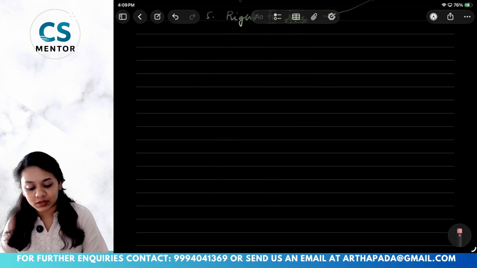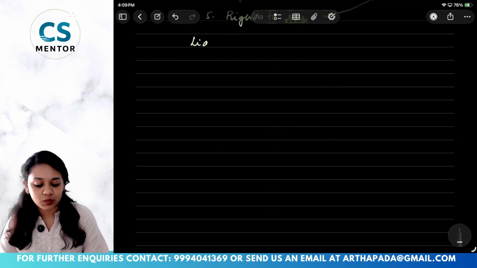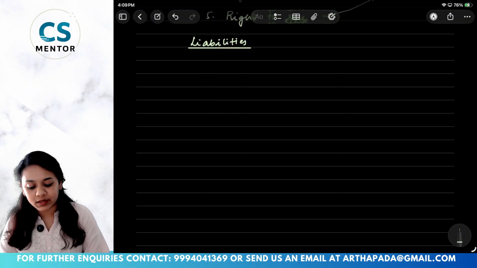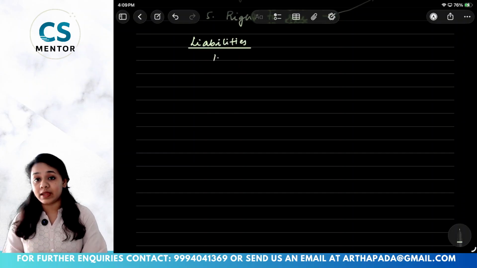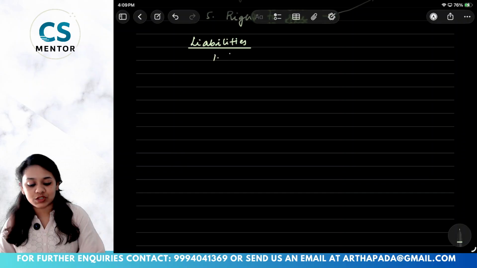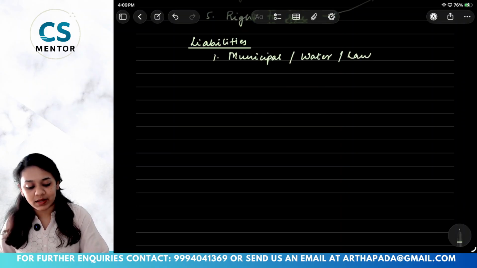What are those liabilities? With respect to liabilities, a person who has a property has to pay some kind of municipal tax, whether it is a water tax or a land tax.